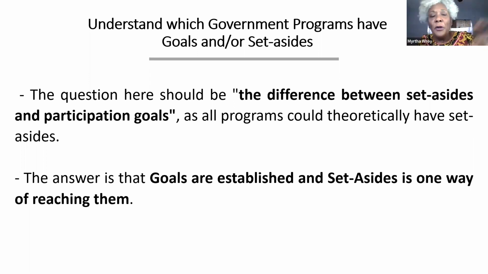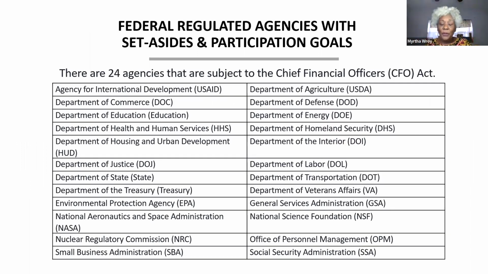A percentage of that 2 billion will be set aside for small businesses. The goals are how they reach them: by putting in the set-aside and contracting certified small businesses, depending on the criteria in that contract.